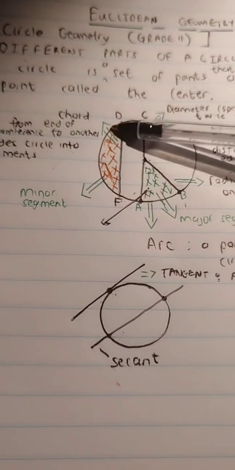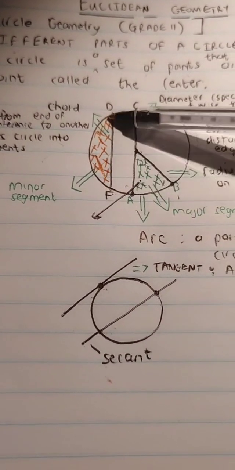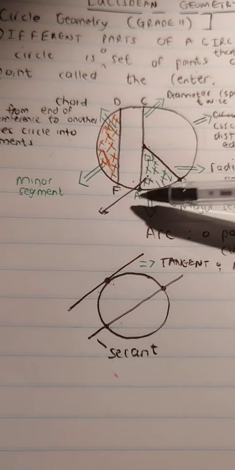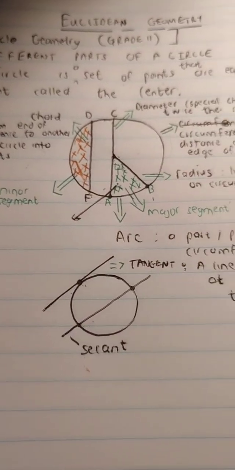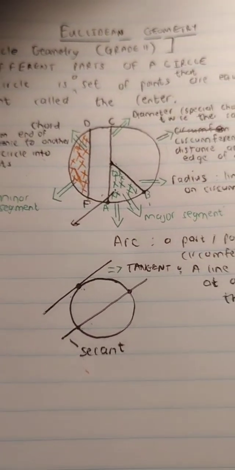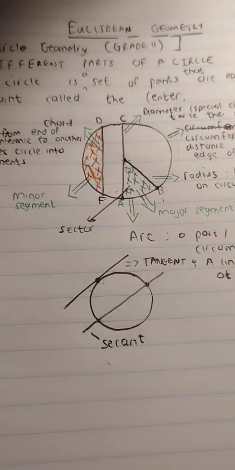We mentioned that this is a minor segment, then this bigger part would be a major segment. But what do we call a pizza slice in geometry? It starts with the S. We call it a what, guys? We call it a sector.